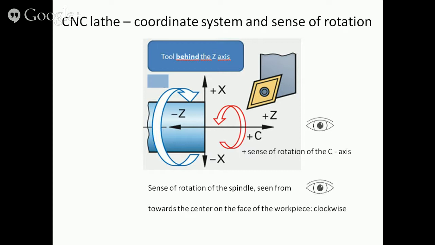The sense of rotation of the C-axis is determined and looked at from the point of origin of the coordinate system. The positive sense of rotation is clockwise, as the red arrow in the diagram shows. The C-axis can of course rotate in both directions, positive and negative.